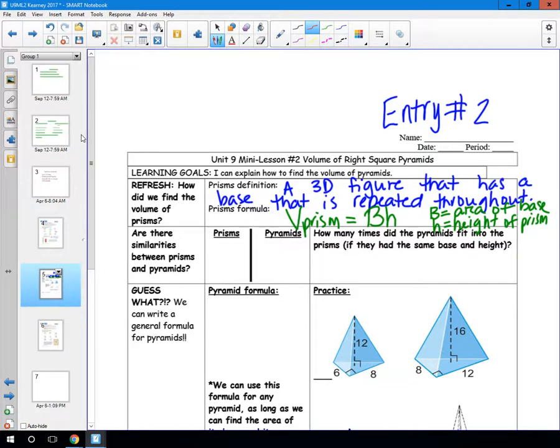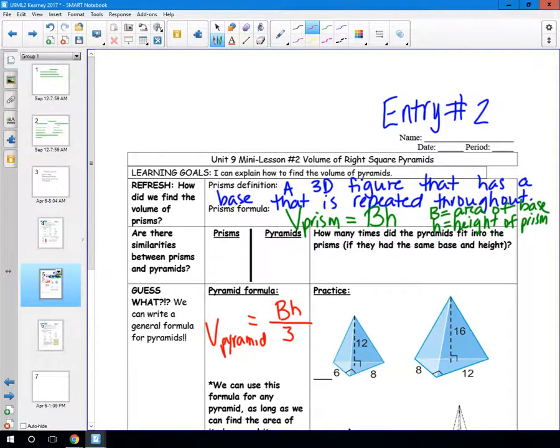Okay, so here's your formula. Formula for a pyramid. So V pyramid. Whoa, Kearney didn't spell that right. Volume of a pyramid is still big B times H, so that's all the same, but now we're going to divide by 3. And we're going to find that the volume of a pyramid is actually 3 times smaller than that of a prism. Okay, so big B times H and then divide by 3.